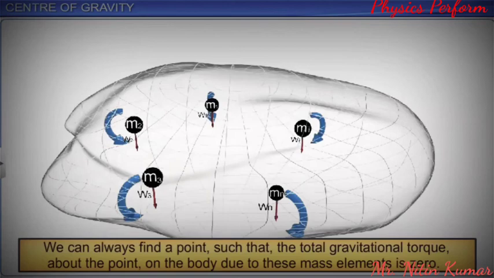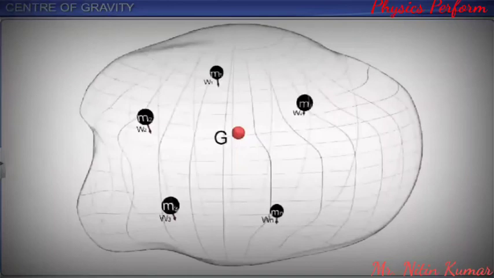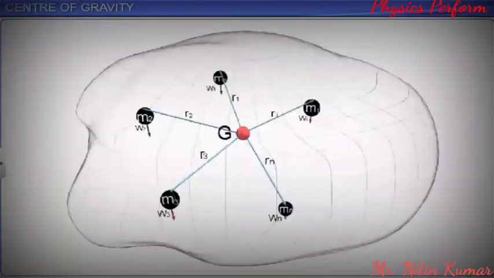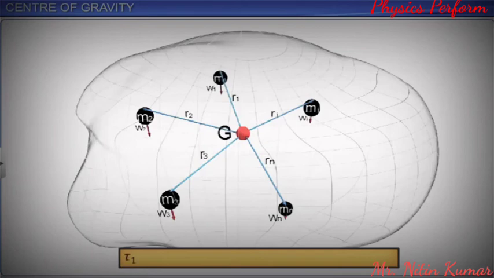For example, if G is a point and R1, R2, ..., Rn are the position vectors of different mass elements with respect to G, then the torques due to the weights of small mass elements about G are tau 1 equals R1 cross W1, tau 2 equals R2 cross W2, and so on, and tau n equals Rn cross Wn.